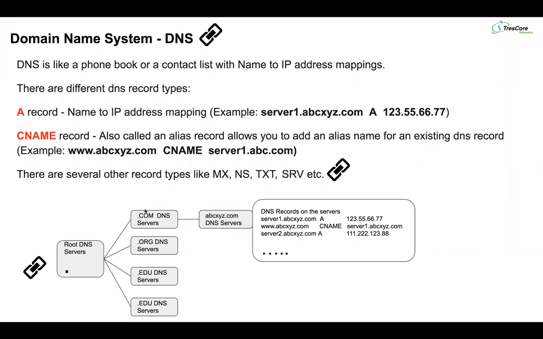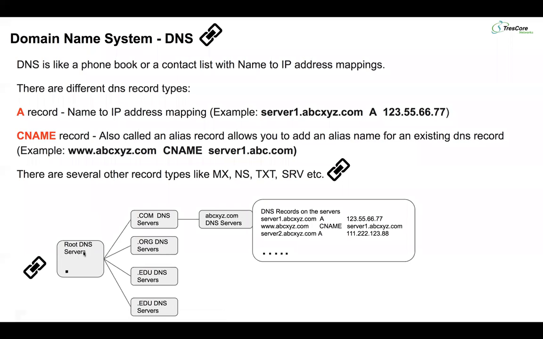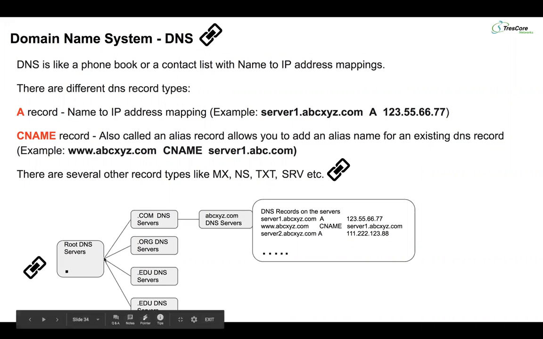So those DNS servers are updated with the address of the actual DNS servers where the actual record resides. Similarly, ICANN also maintains the root DNS servers. These DNS servers have the list of all the DNS servers that are responsible for .com, .org, .edu, and multiple others. So when you are doing a DNS request, it goes through a chain of events.